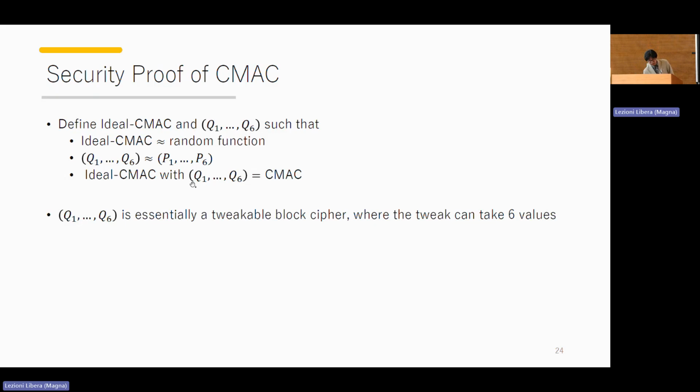And if we use these Q1 through Q6 in ideal CMAC, this gives us CMAC. So these Q1 through Q6 are essentially a tweakable block cipher, where the tweak can take 6 values. I think I didn't know the term tweakable block cipher when I wrote this proof, but from now I can see that it's a tweakable block cipher.